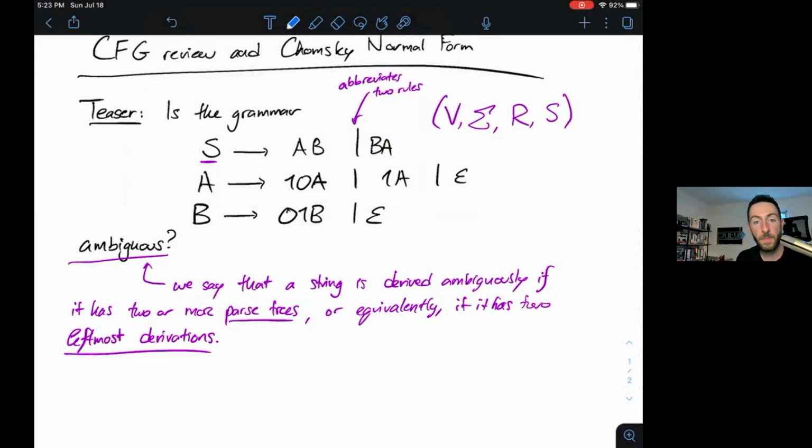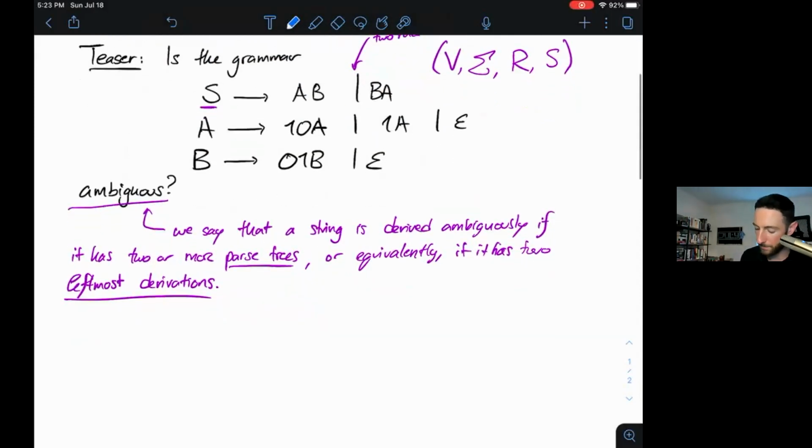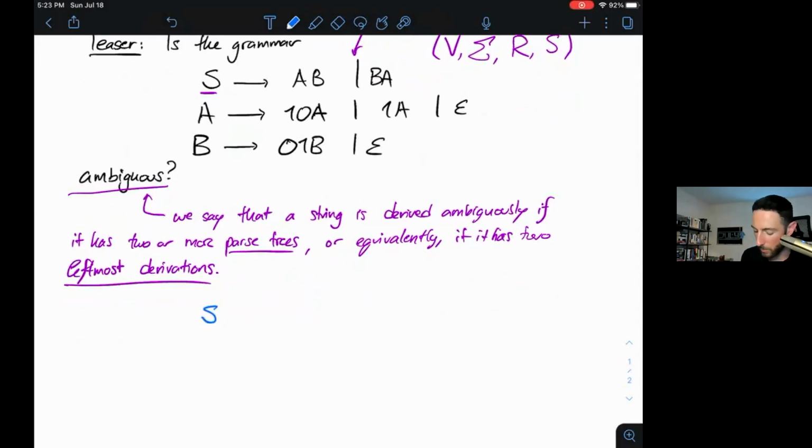A parse tree is just a way of writing down a derivation as a picture. To draw a parse tree, we always start with the start symbol, and then we move from top to bottom following the derivation rules.